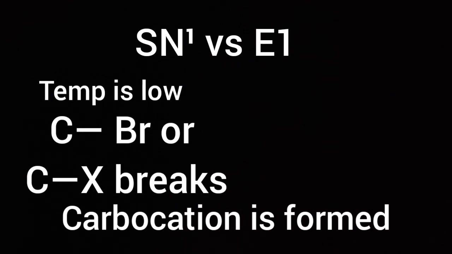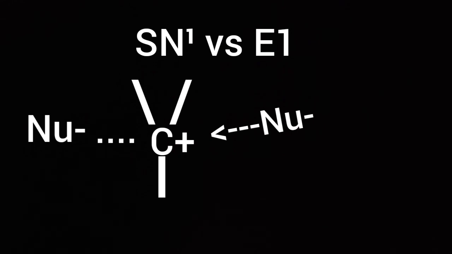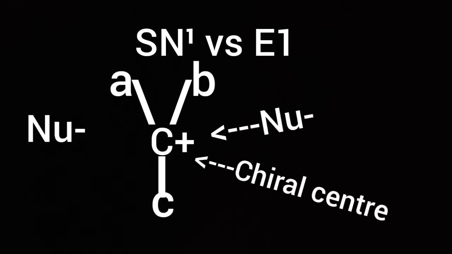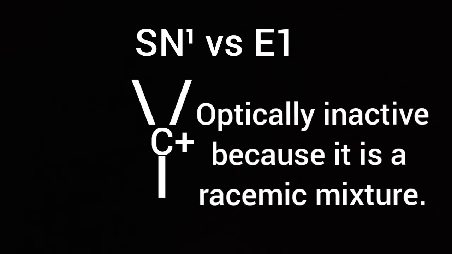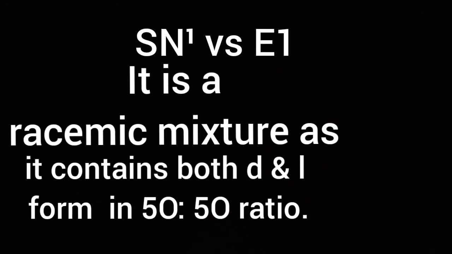Then the nucleophile, previously in E1 it was a base, now it is a nucleophile, prefers to attack the carbocation either from left or right. So two types of products will be produced, inverted or a product with retention of configuration. So the products are optically inactive because it is a racemic mixture if the alkyl halide has a chiral center.